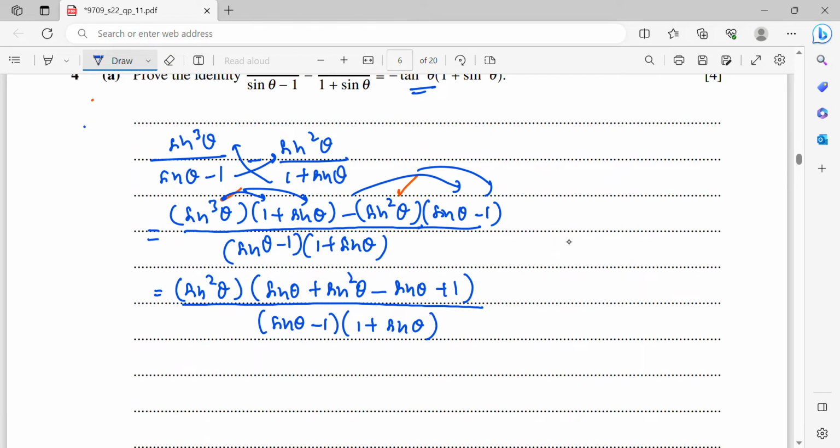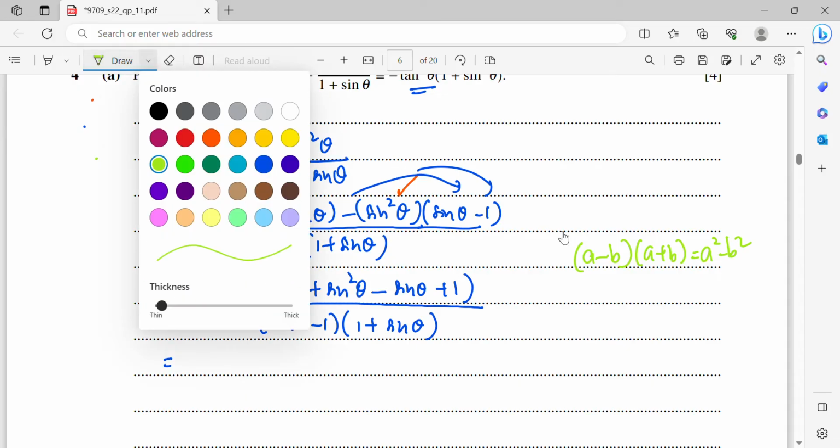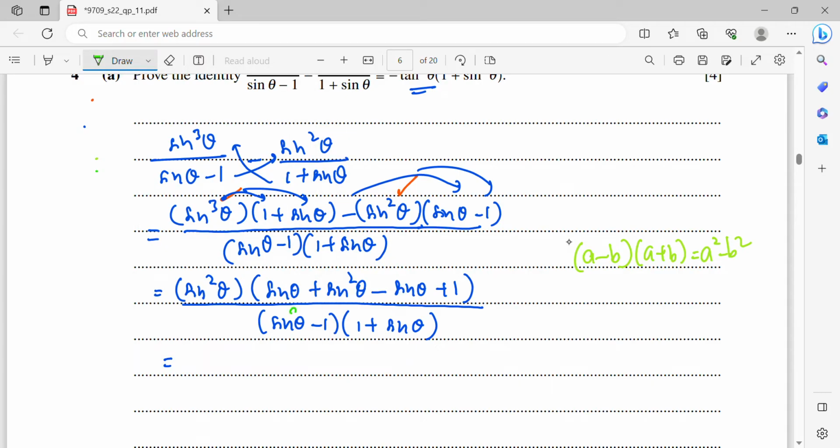Okay, so now from here, I know that for the denominator, we have a formula: A minus B times A plus B is A squared minus B squared. So this is my A, this is B, this is A, this is B. So A minus B times A plus B is basically A squared minus B squared.